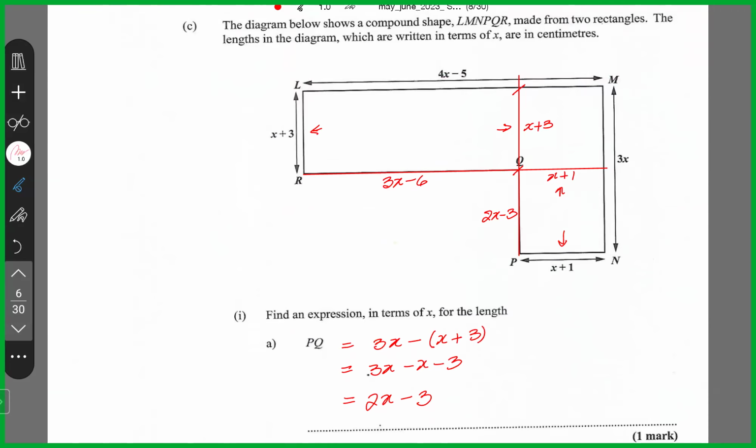Well, one way we could do it is we could divide the shape into two rectangles, and then find the area of each rectangle and add them together. So let's do that. Let's divide the shape into two rectangles.